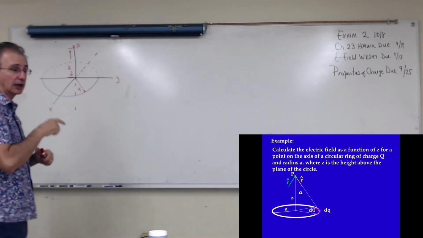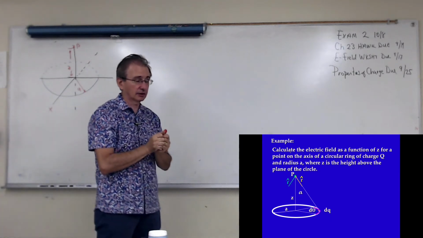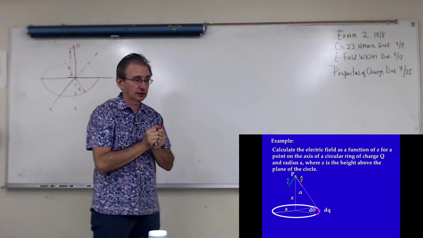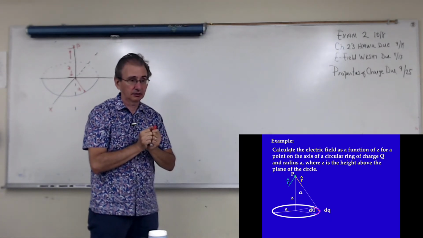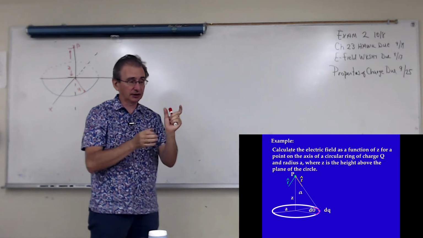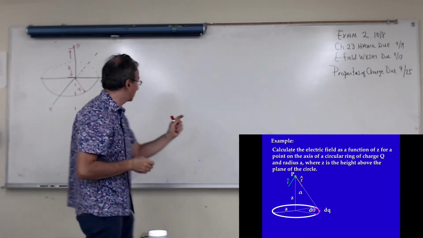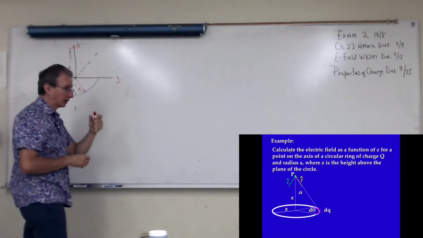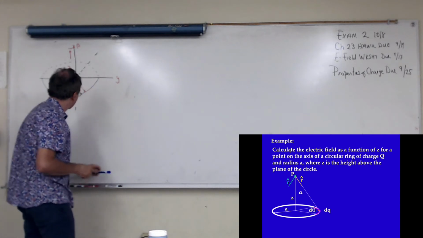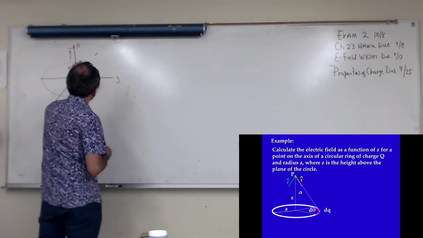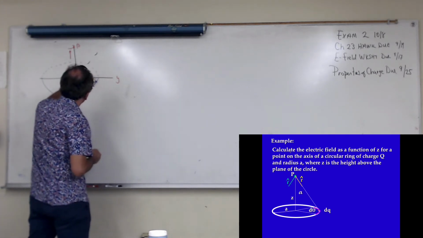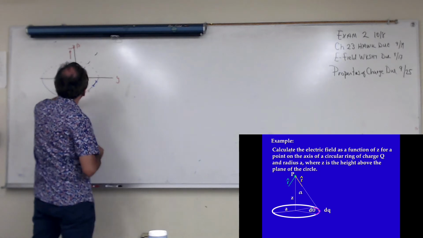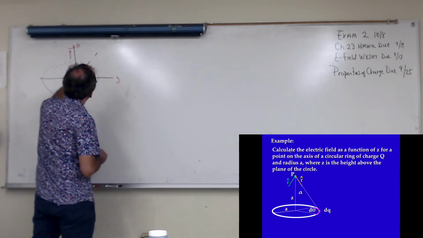And what I want to do is break up this ring into pieces small enough so that the field at this point is uniform over that little piece. So I'm going to break it up into arc lengths.